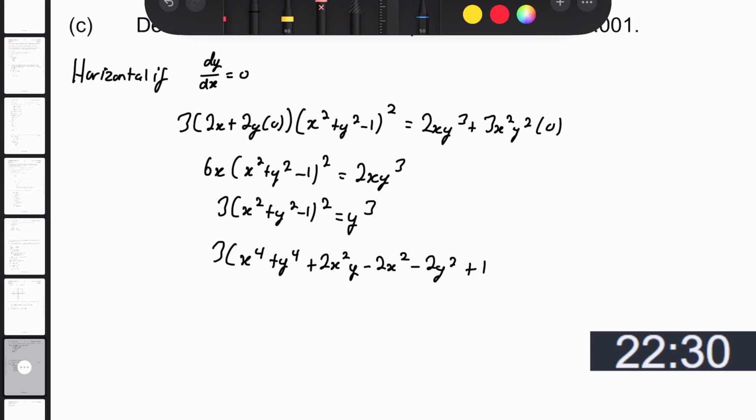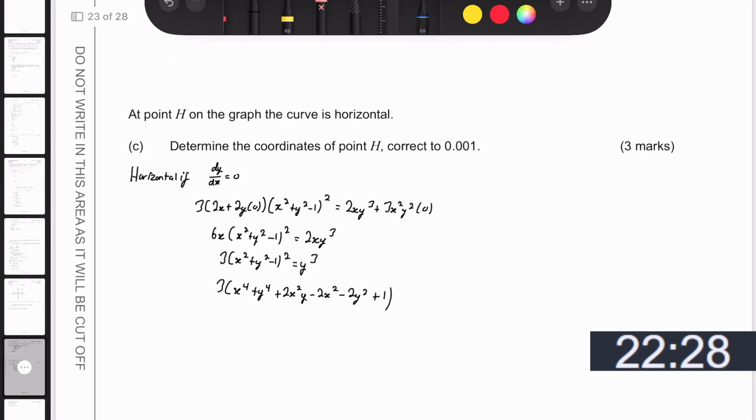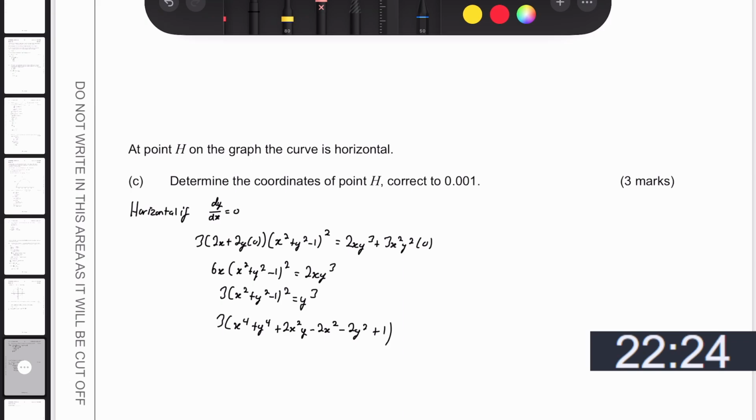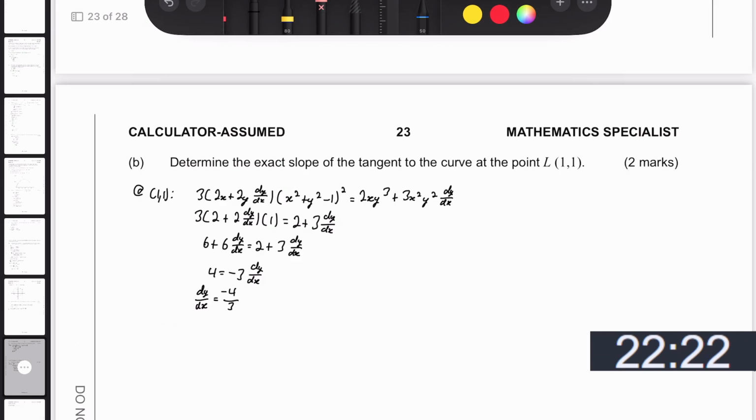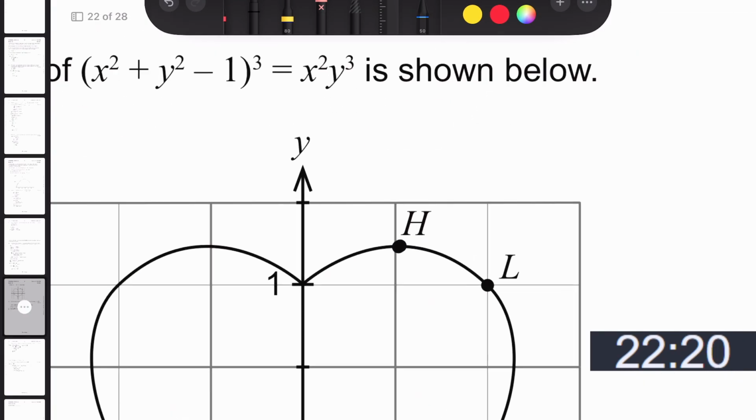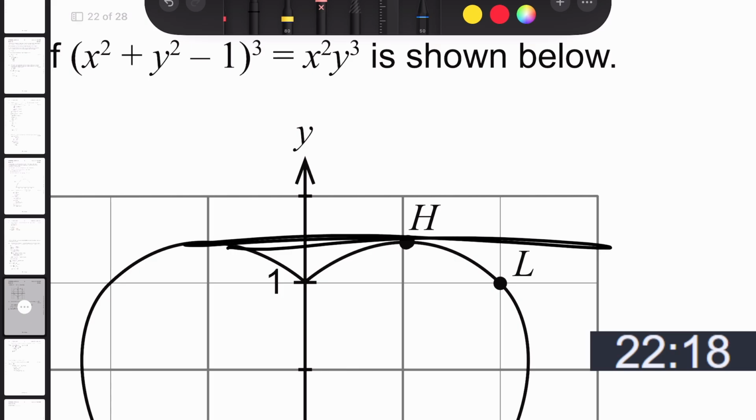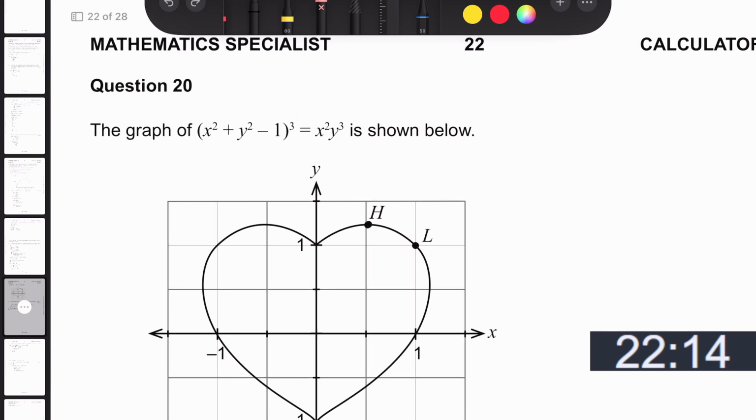I am most certainly confused. It's horizontal, and this is 0. Wait, what if I just do this?